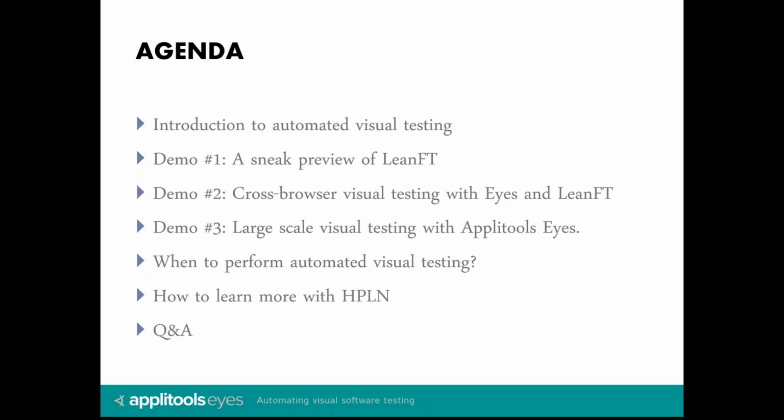After that, we'll take a closer look at some of the unique features of Applitools Eyes that allow you to run automated visual tests at large scale, and also explain how automated visual testing fits in your testing and development lifecycle. After that, Yoav will show you how you can learn and get more information about LeanFT, Applitools Eyes, and much more with the HP Live Network. And as Adi mentioned, there will be time at the end to answer any questions that you may have.